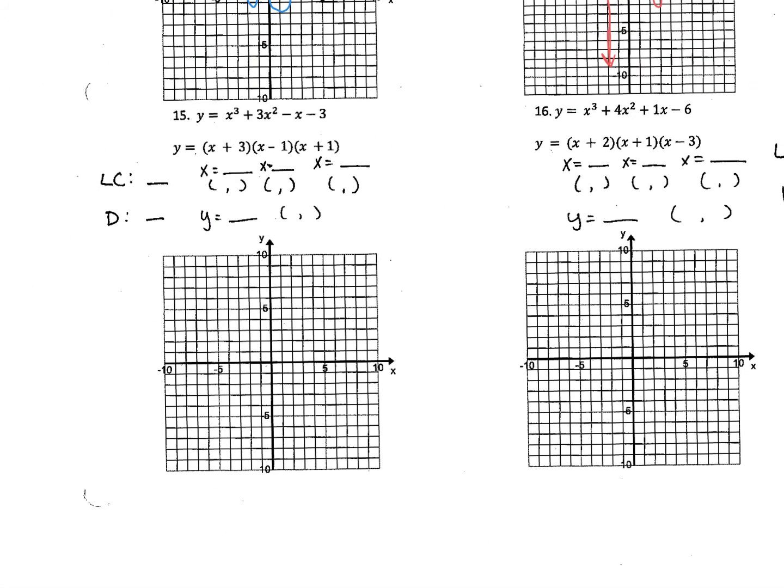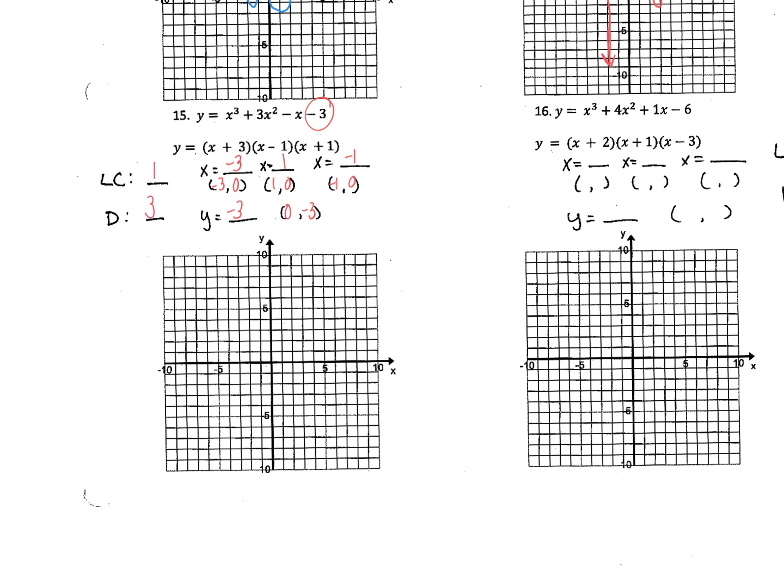Down to 15. My zeros were x equals -3, x equals 1, and x equals -1. My y-intercept is -3. My leading coefficient was 1, and my degree was 3.